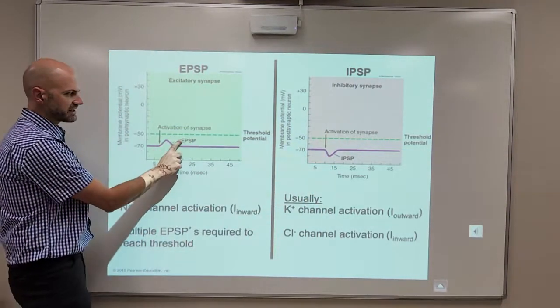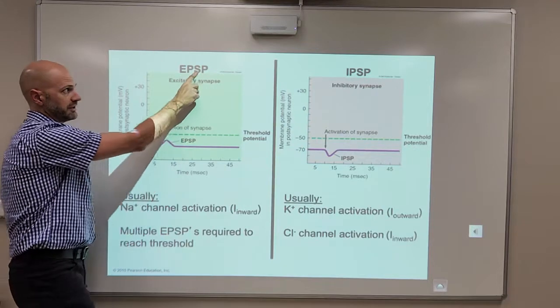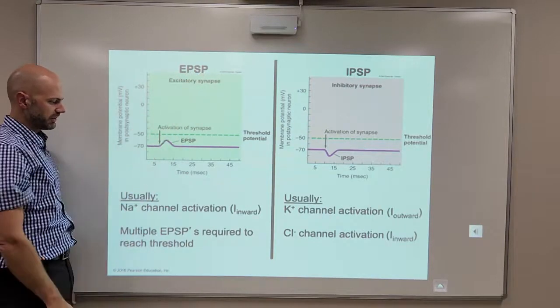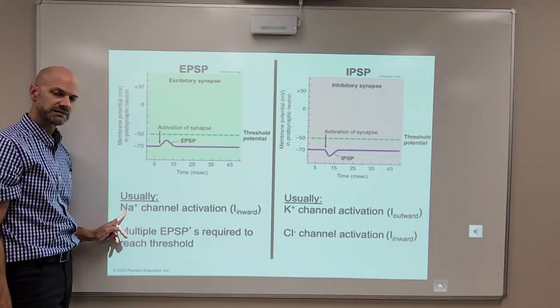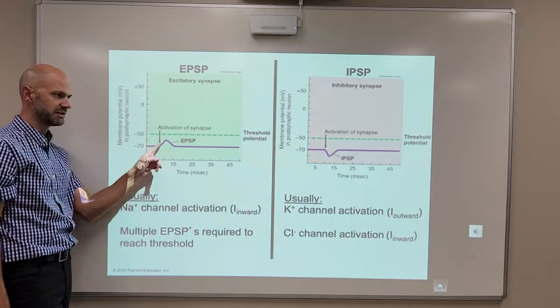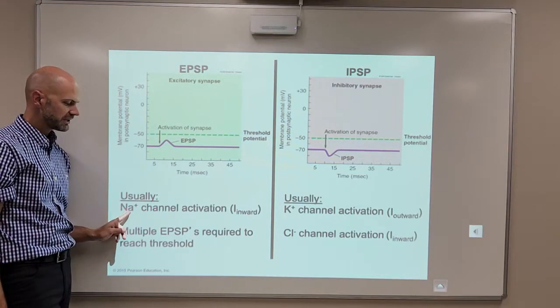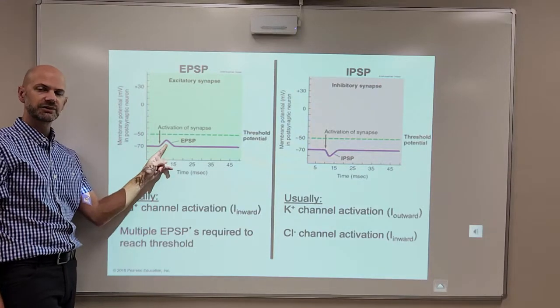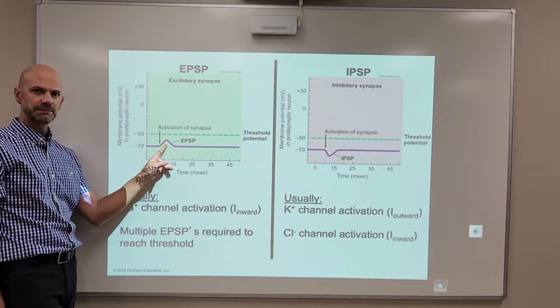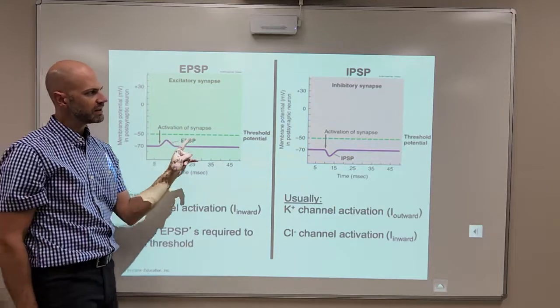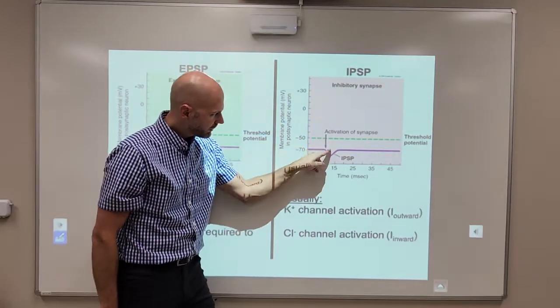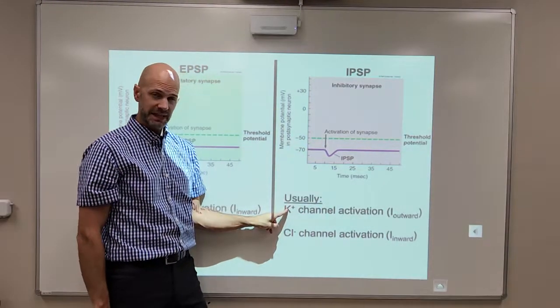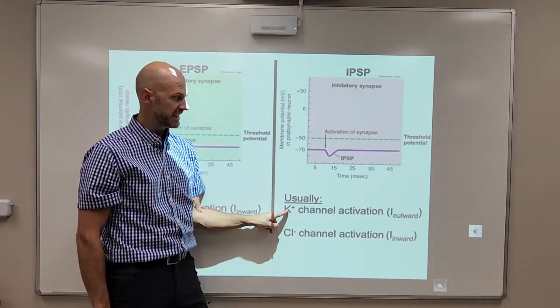So what causes excitatory postsynaptic potentials? Well, sodium influx. Sodium is the one that causes depolarization. So sodium channels opening will always cause an excitatory postsynaptic potential. What causes this to go further away? Well, potassium channels opening, because remember, potassium's on the inside.